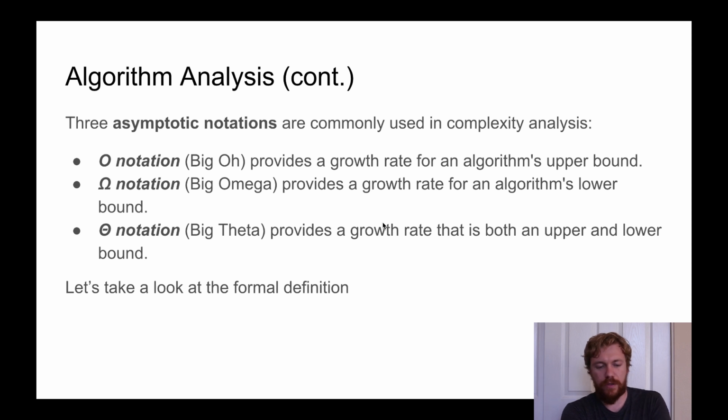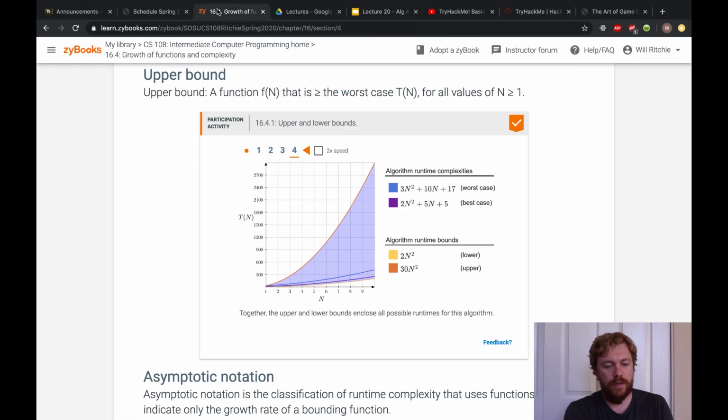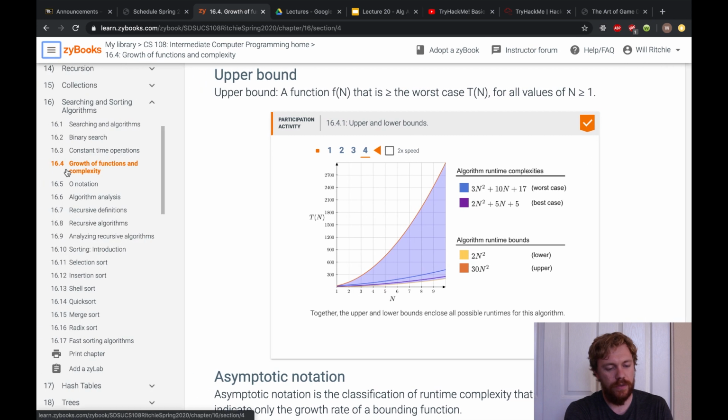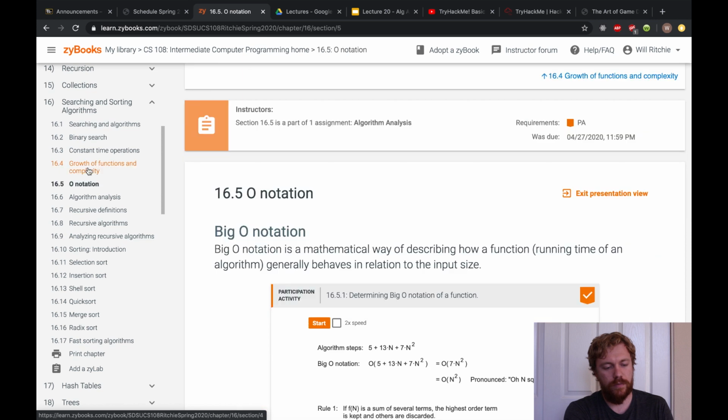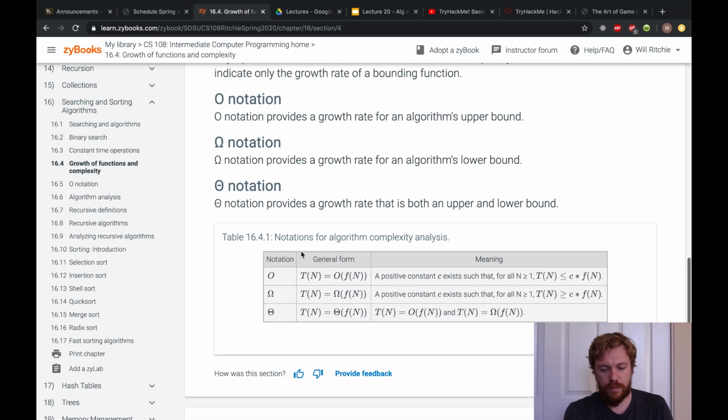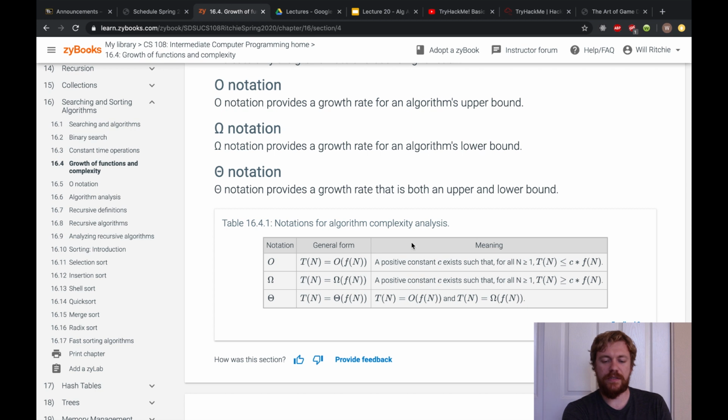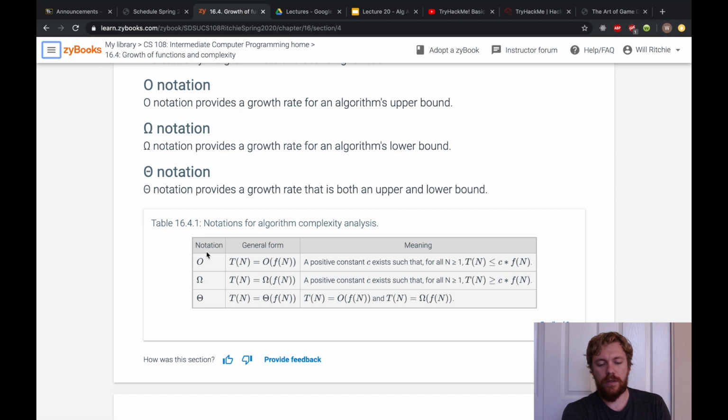So we'll go ahead and take a look at the formal definition. We go back to Zybooks. And so this is the formal definition right here. So T of n is equal to big O of some function of n, namely the upper bound.